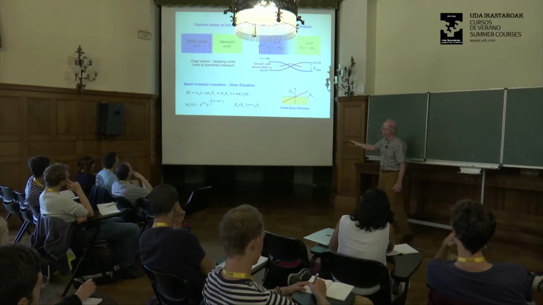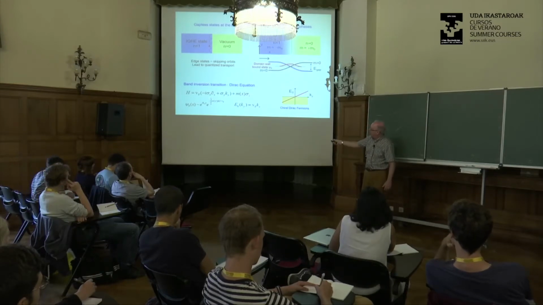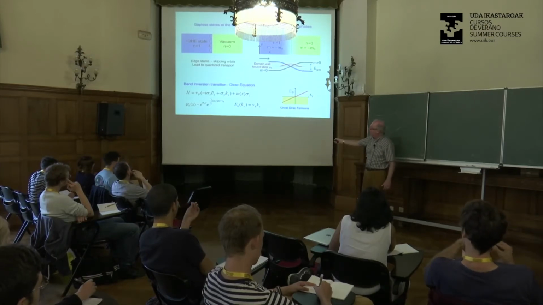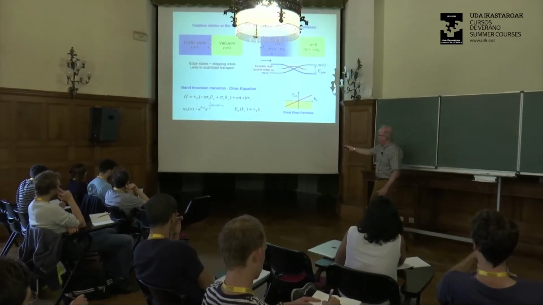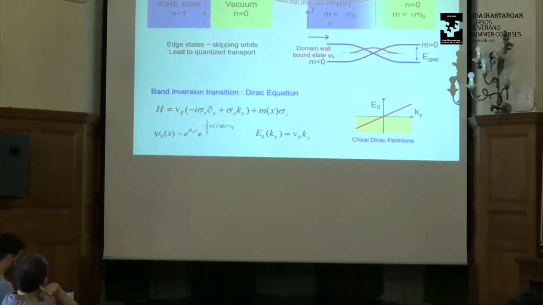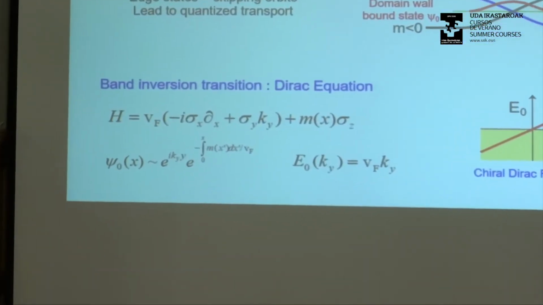that gives me a bound state, and this bound state is going to be an eigenstate of sigma y with a +1 eigenvalue. Okay, and so that means that the energy of this is just going to be Vf times ky. And so that means that for every value of ky, I have a zero mode, but that zero mode has a dispersion which is linear.